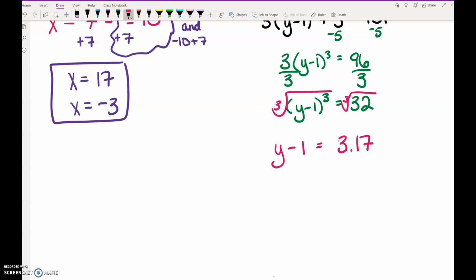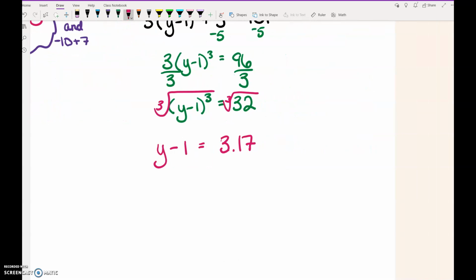Now on this calculator, to use that x root, you have to type in what you want the index to be before you hit that x root button. So you're going to type in 3, and then the second button, and then the caret button, which has the little x root above it, and then you'll type in 32.